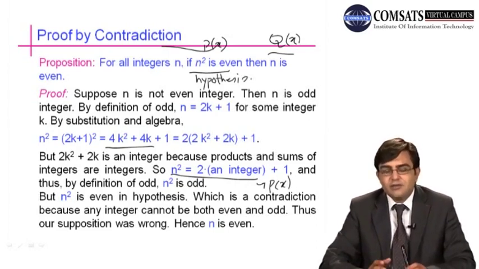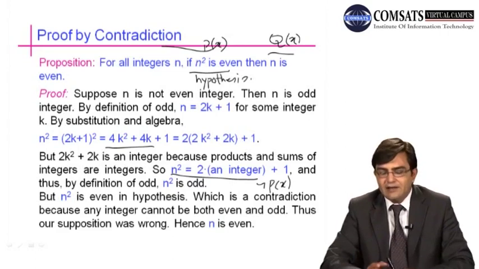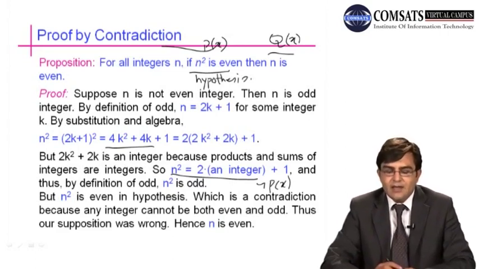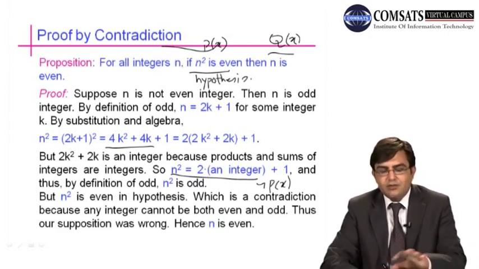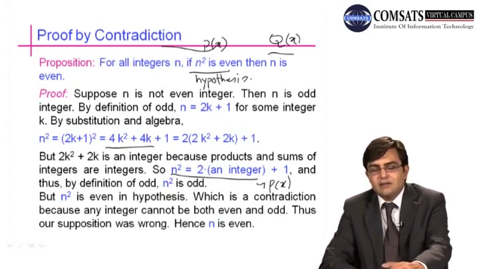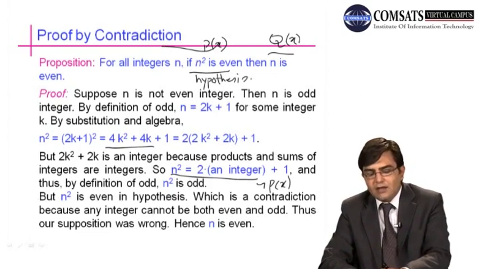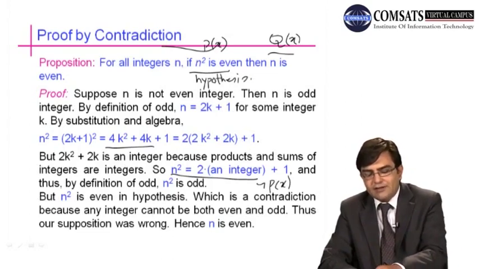So in the method of contraposition, we also try to arrive at not p of x. In the method of contradiction also, we automatically arrive at not p of x. And in the method of contradiction, we say that here p of x, by the hypothesis we have supposed that it is true, we have arrived at not p of x is true.